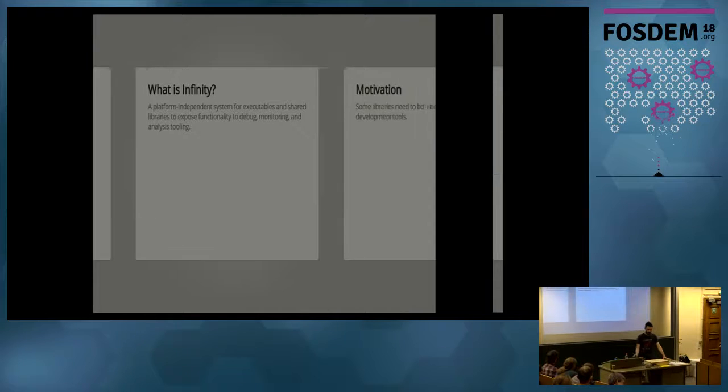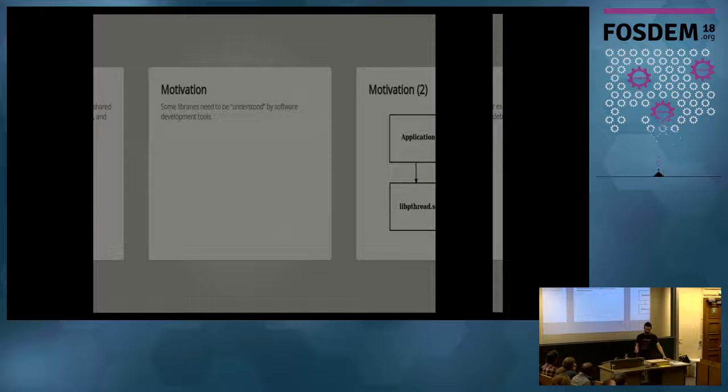Why do we need it? Some aspects of some applications need to be understood by the tooling you're using. So, for example, you may be working on an application that uses multiple threads, and on your platform the threading functionality is provided by libthreaddb, the threaded library.